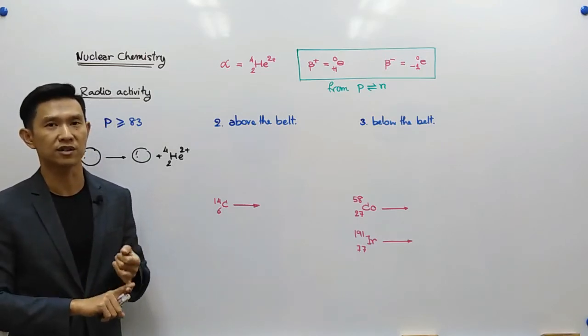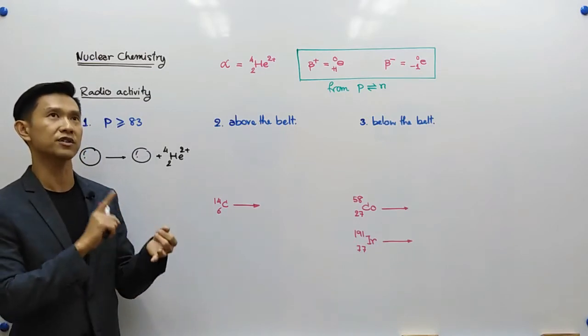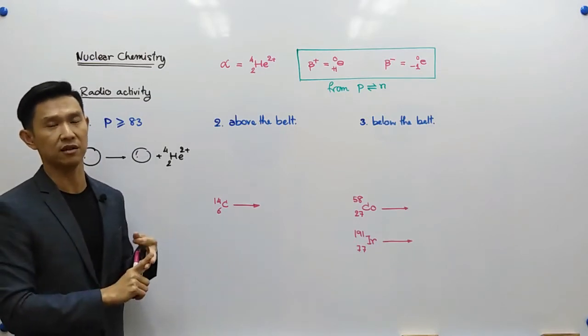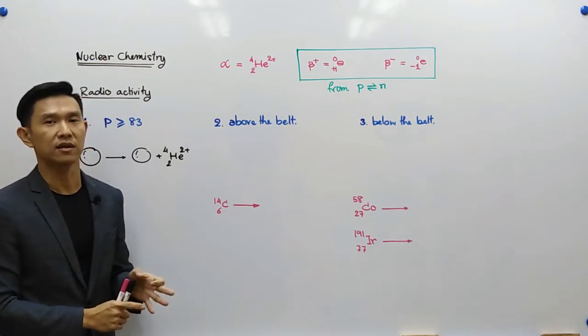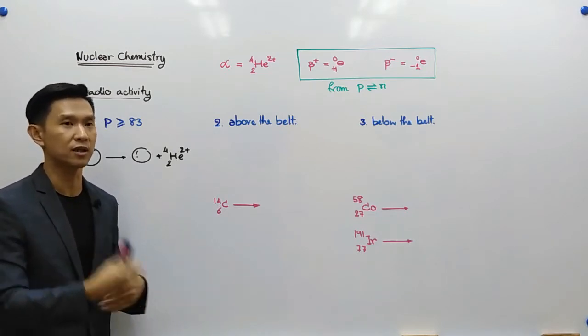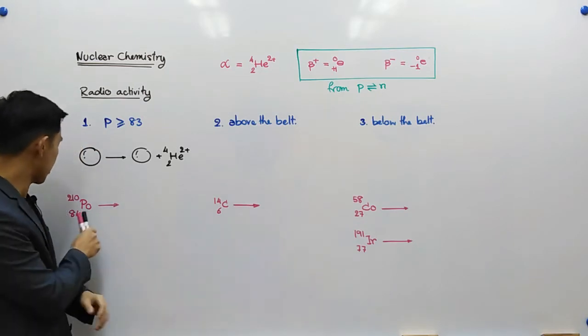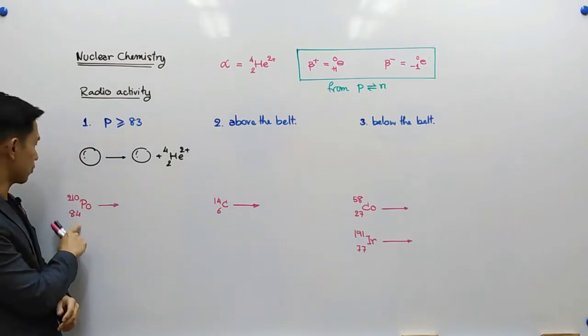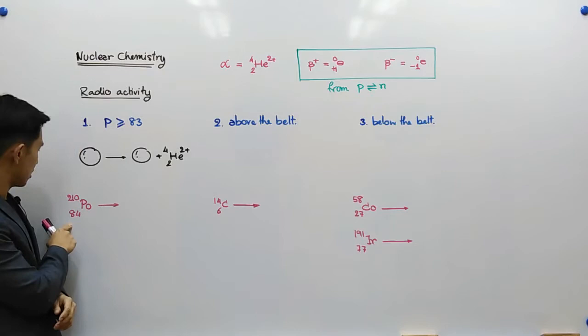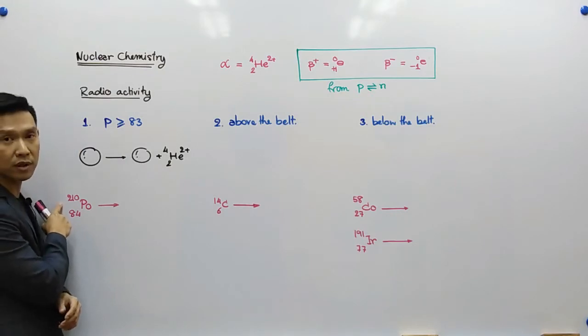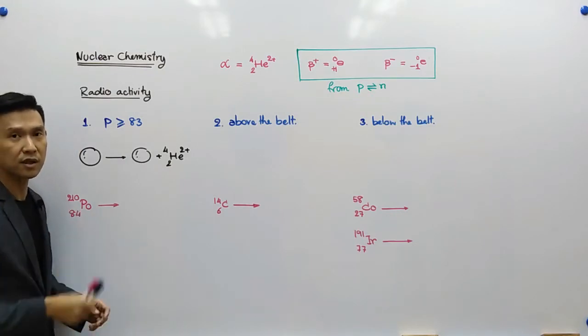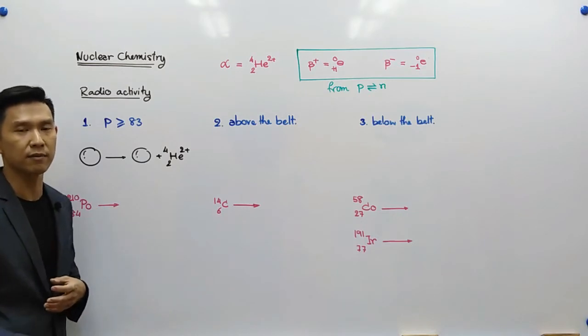Carbon 6, 12, or oxygen 8, 16, neon 10, 20. So you have the same number of protons and neutrons. If you increase the number of protons, like polonium, as you can see, you have a lot more neutrons in the nucleus. So it requires a higher number of neutrons.